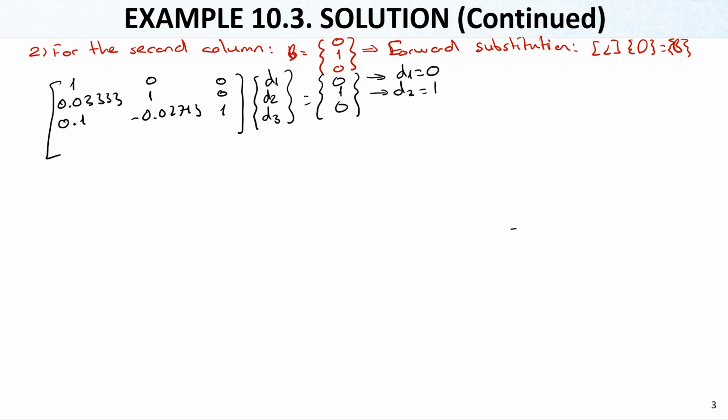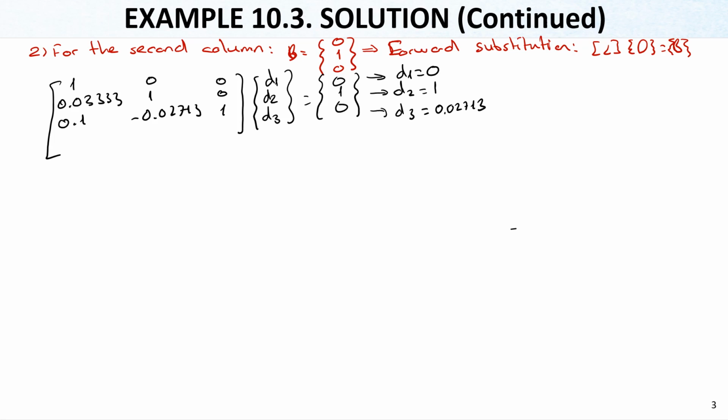And then from D3, here, you can see, so this is 0, this is eliminated. This is 1 times D2 and D3 equals 0. Then D3 becomes this value, 0.02713. Then use this in the back substitution.